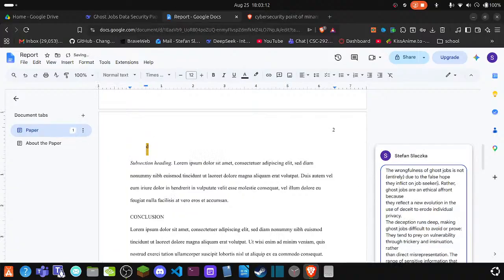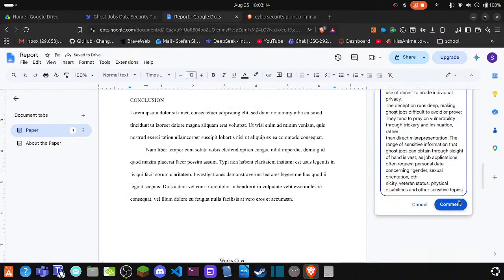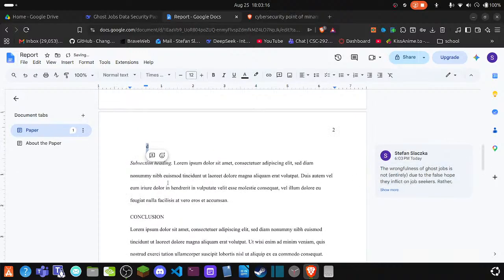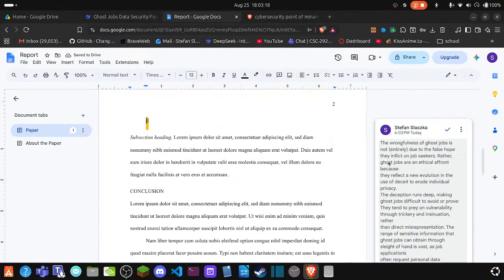I'm just going to copy that. So, the wrongfulness of ghost jobs is not entirely due to false hope they inflict on job seekers or an ethical affront because they reflect a new evolution in the use of deception to enroll individual privacy.